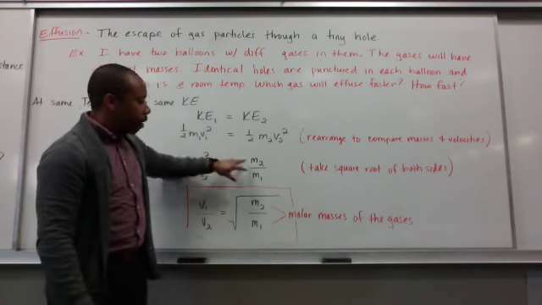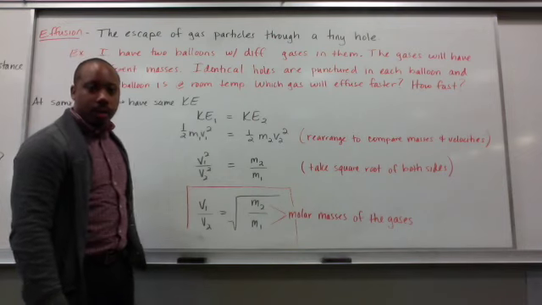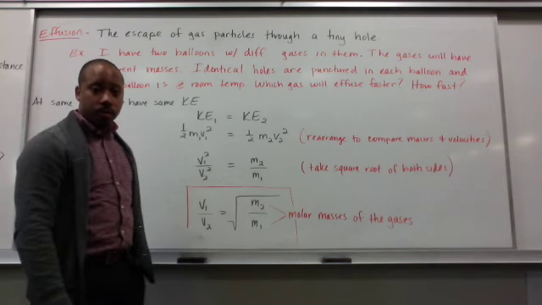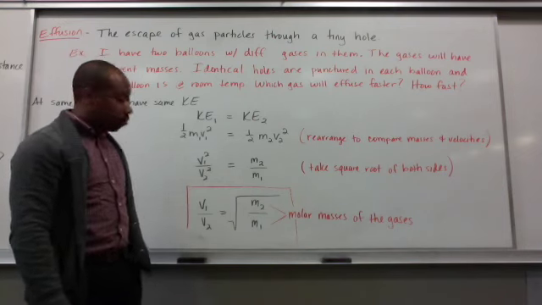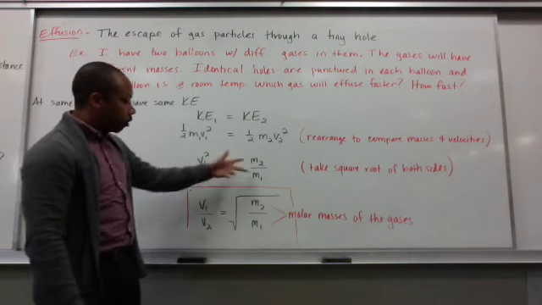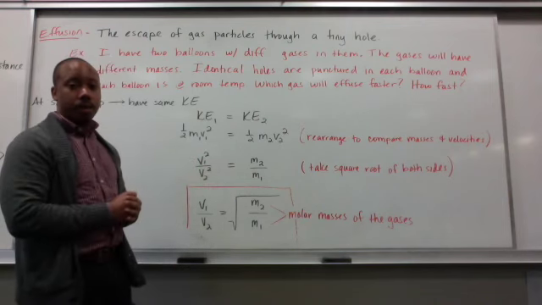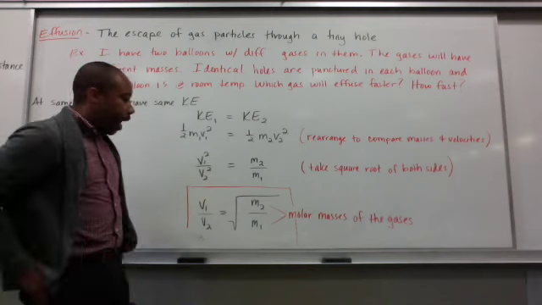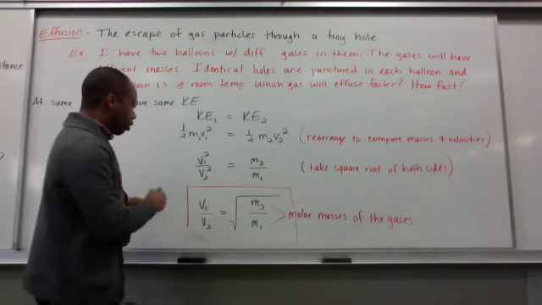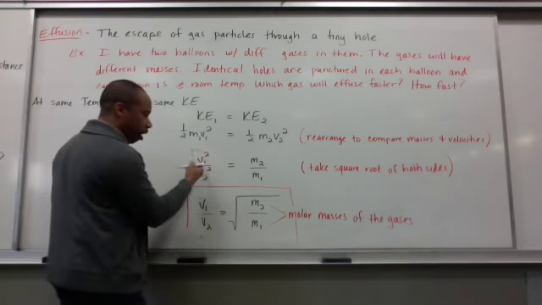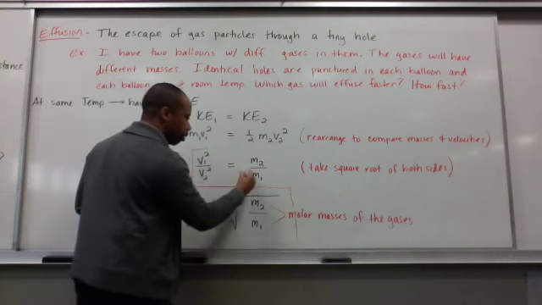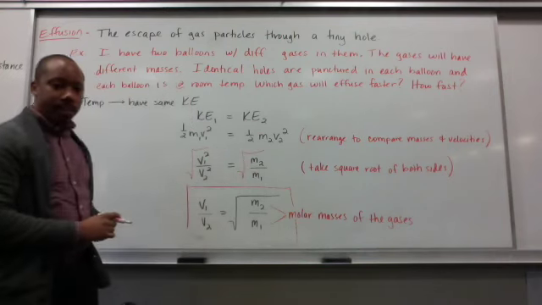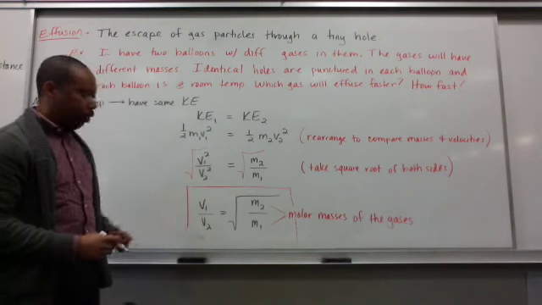And I can get my masses on that side together through division. So now I have a ratio of velocities to masses, how they compare to one another. Now I can take the square root of each side, because I want to look at velocity, not the velocity squared, and then I get this relationship here.